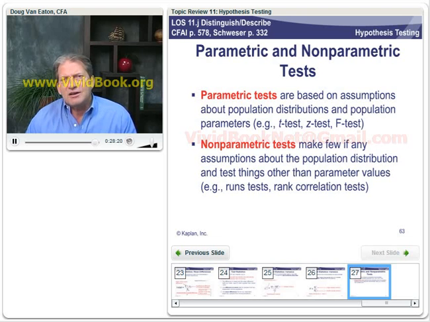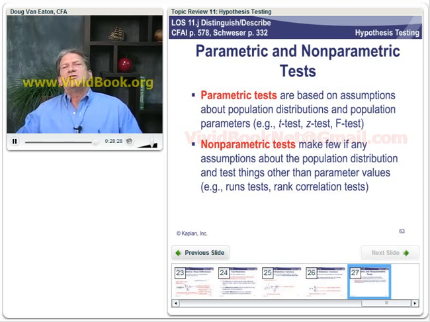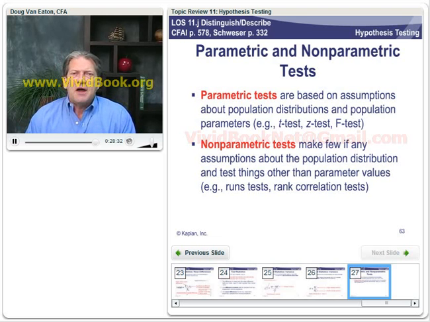If we've got a t-test, we're assuming something about the distribution of the test statistic. If we use an F-test, we're assuming that test statistic is distributed according to an F distribution. Now, a non-parametric test makes few, if any, assumptions about the population distribution, and we test things other than parameter values.